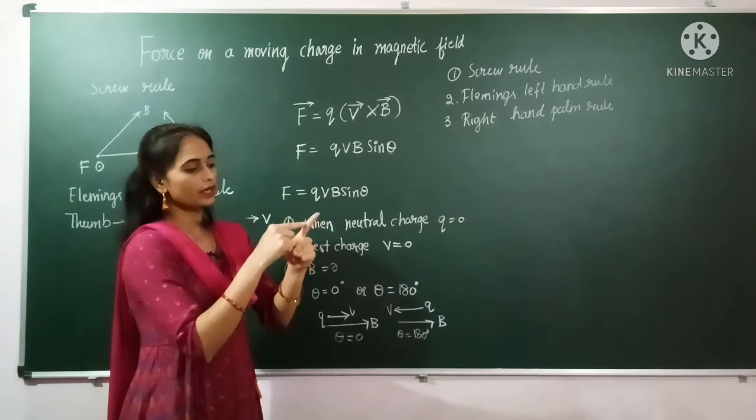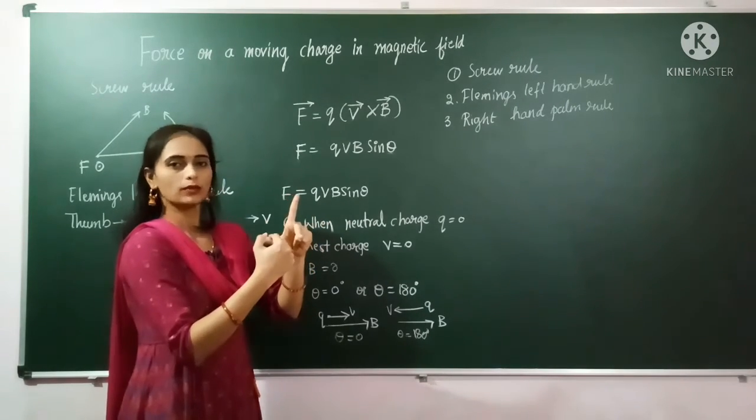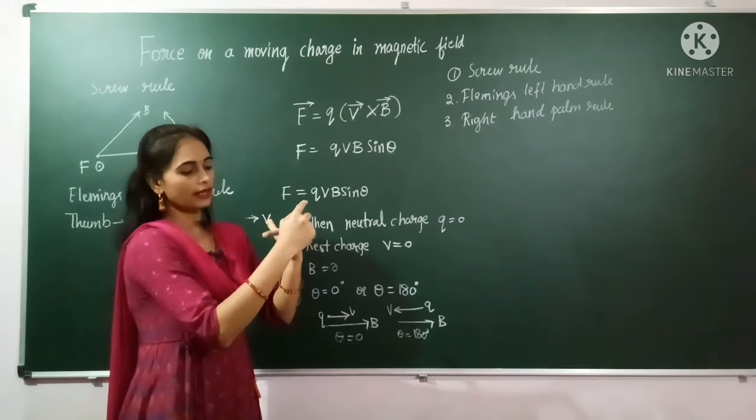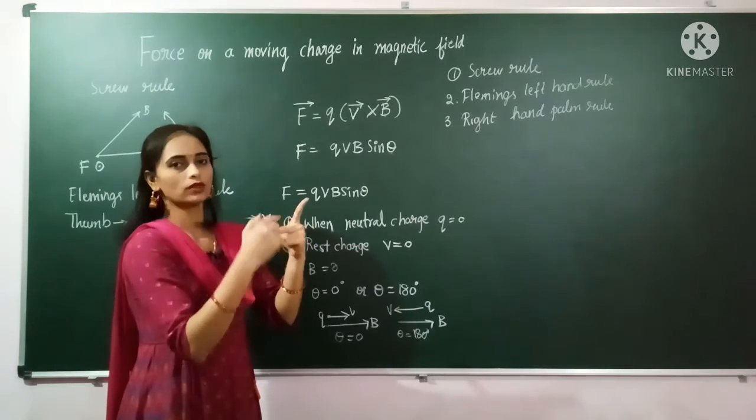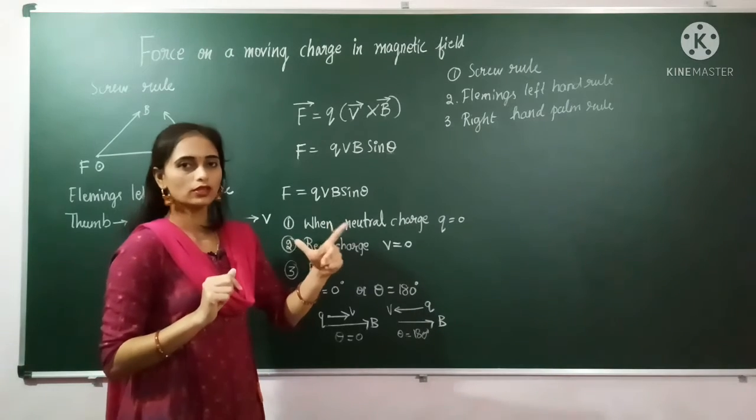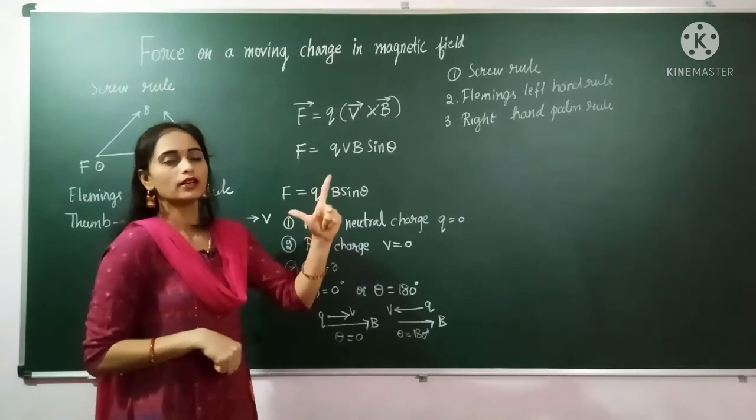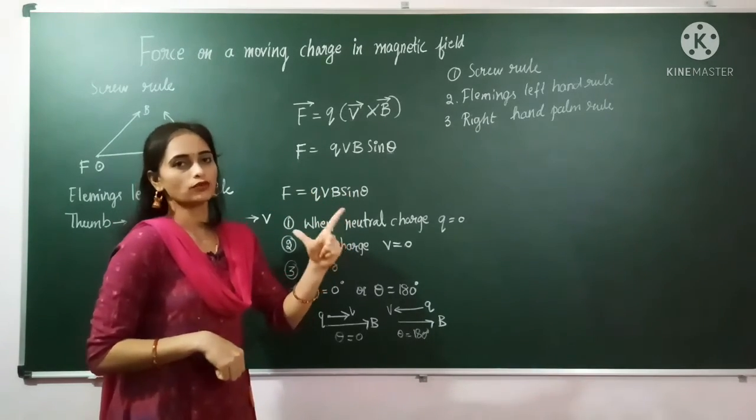Means this force is perpendicular to B. See this angle is perpendicular, and the magnetic field and current are also perpendicular. All these 3 are perpendicular to each other. So you have to use your left hand to determine the direction of the force.